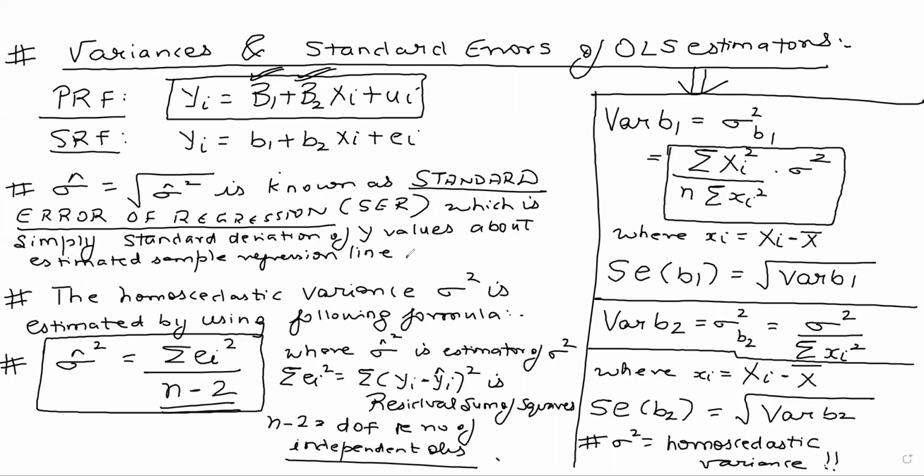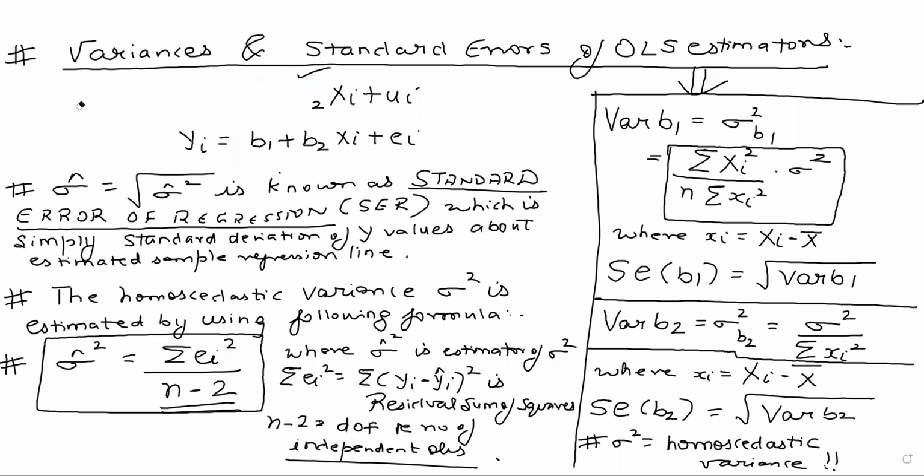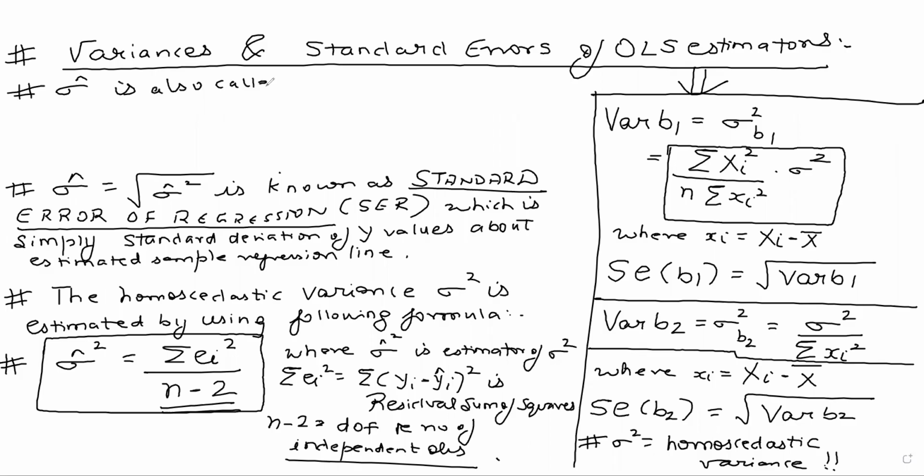Okay, now guys, you all need to understand something very important about sigma hat. So, erasing this part, I'm erasing the population regression function and sample regression function. You know them now. Sigma hat is a measure of goodness of fit.